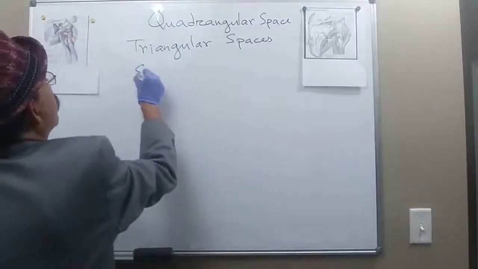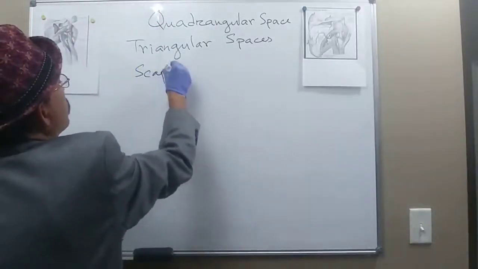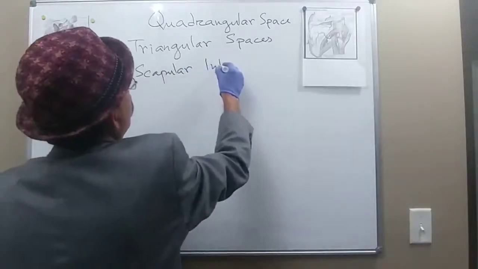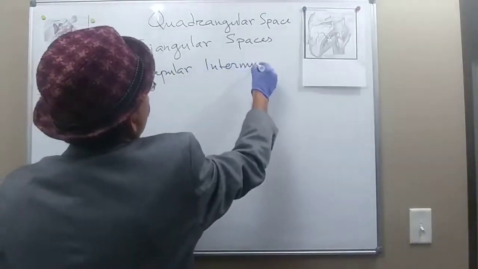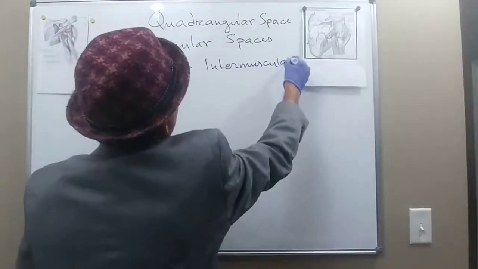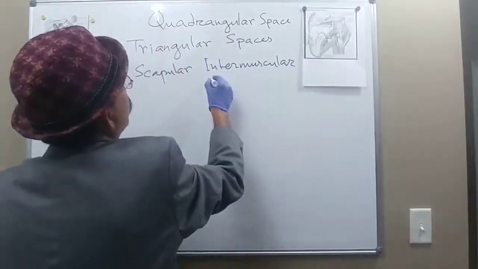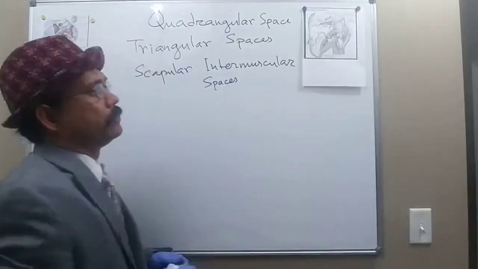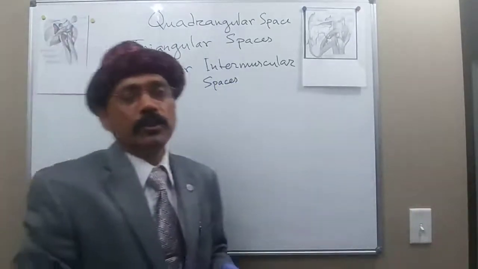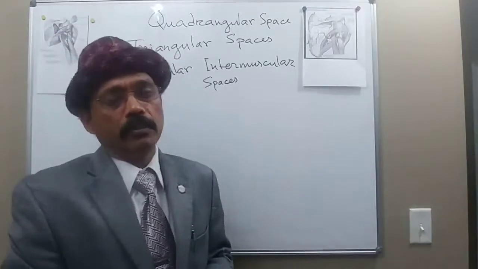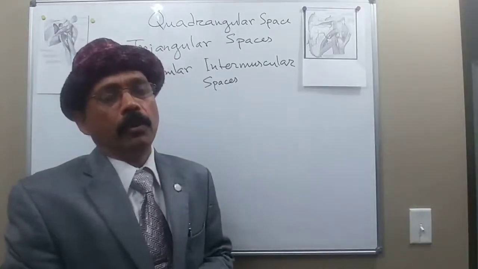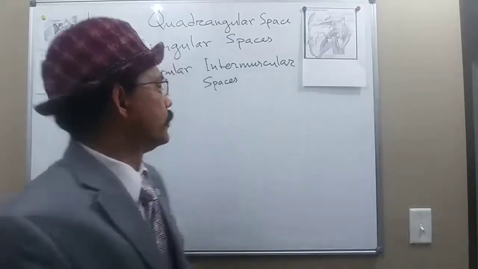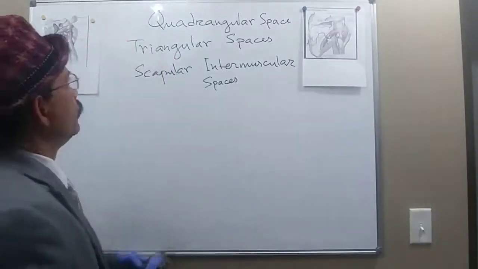These are scapular intermuscular spaces. It is a communication between the axilla and the back of the arm, a communication from the axilla to the scapula. Okay, we got that.